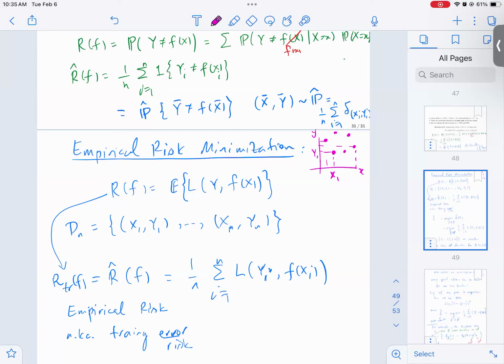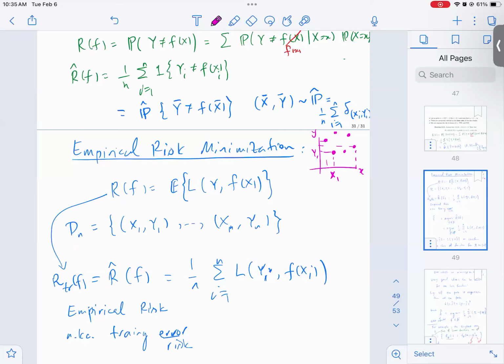You mentioned the test error, but you did all this with the training error. Right? No, this is training. What I'm trying to do now is approximate the risk using my training data and use it to train. Because I'm trying to train, I'm still going to call this training error.